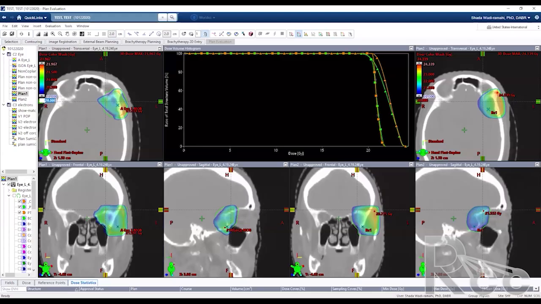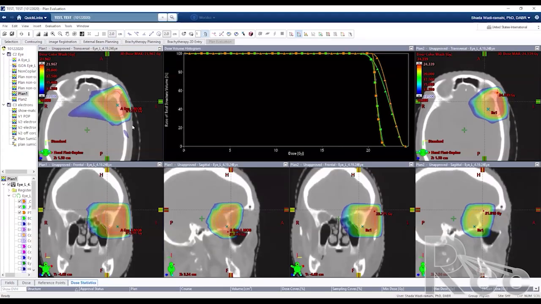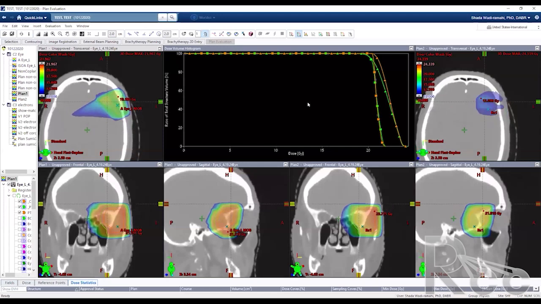Now, another thing: let's say we go to 50% of isodose. I'm going now to 50%, which is 10 gray. Now we have a different scenario to look at. 50%, 10 gray, has a lot of spillage for plan 2. And if you scroll up or down, you can appreciate the differences between the two.